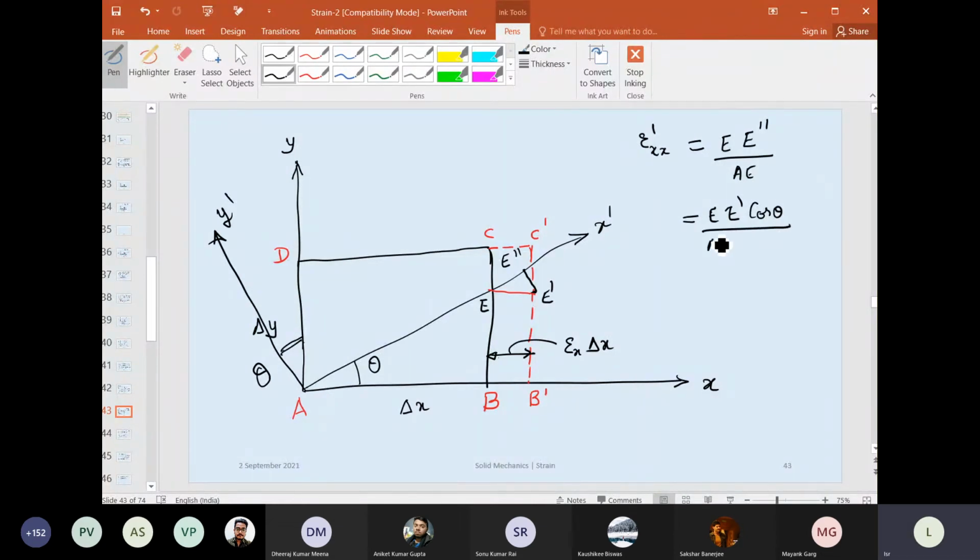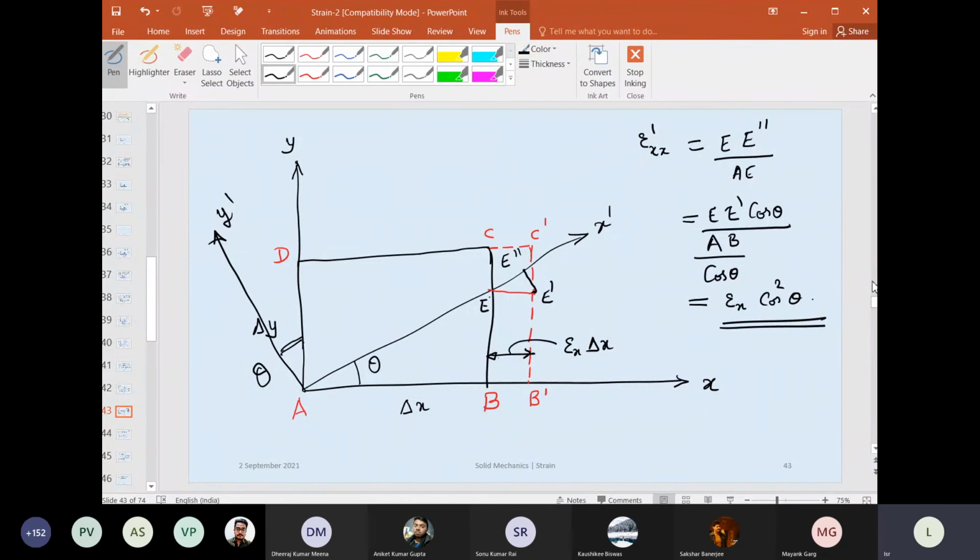This we can write as AB by cos theta. E dash is epsilon x delta x, divided by AB, which is delta x, so it will become epsilon x. This cos square will go up.